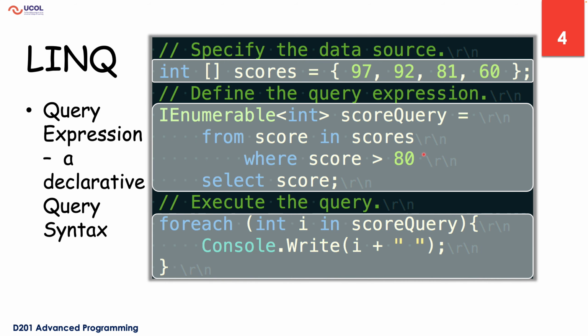Then at the end we are just trying to execute that query, and we are printing the results on the screen, and it will return 97, 92, 81, excluding the 60, because when we put 60 in place of the score, it does not fulfill that condition that score is greater than 80.